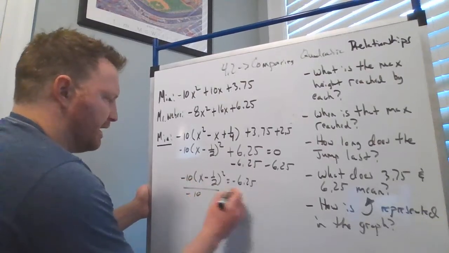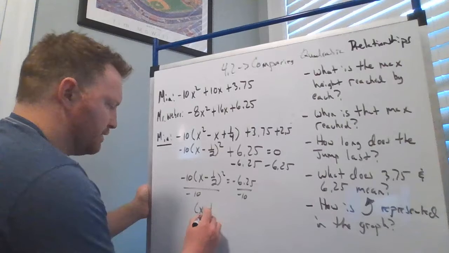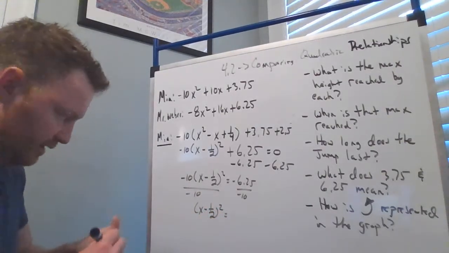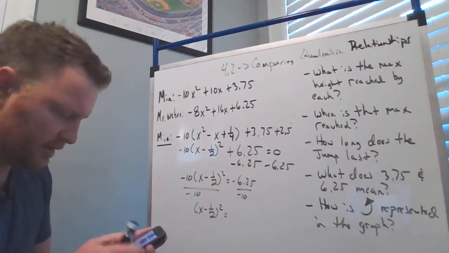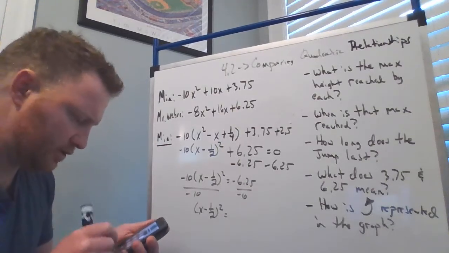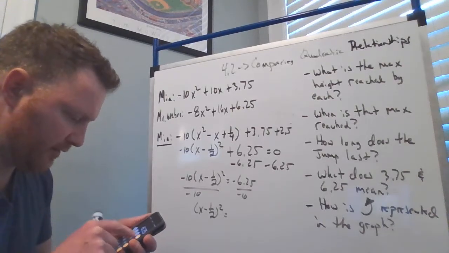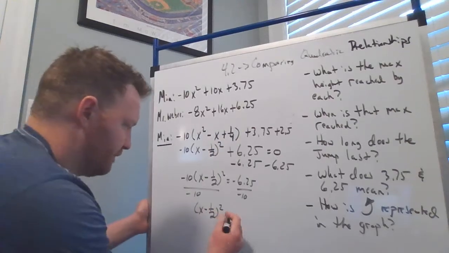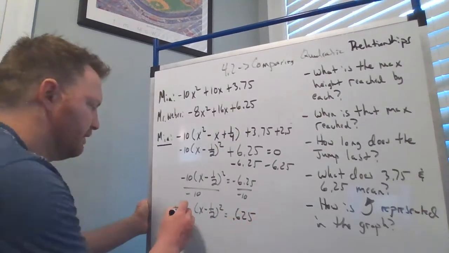I'm going to next divide out the negative 10. Okay? And I'm going to get (x minus 1/2) squared equals, let's see, what is negative 6.25 divided by negative 10? 6.25 divided by 10. I should have known that. That is 0.625.